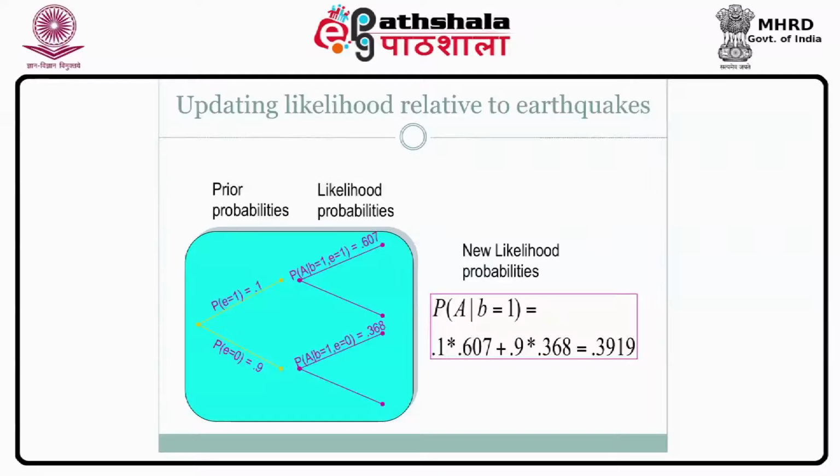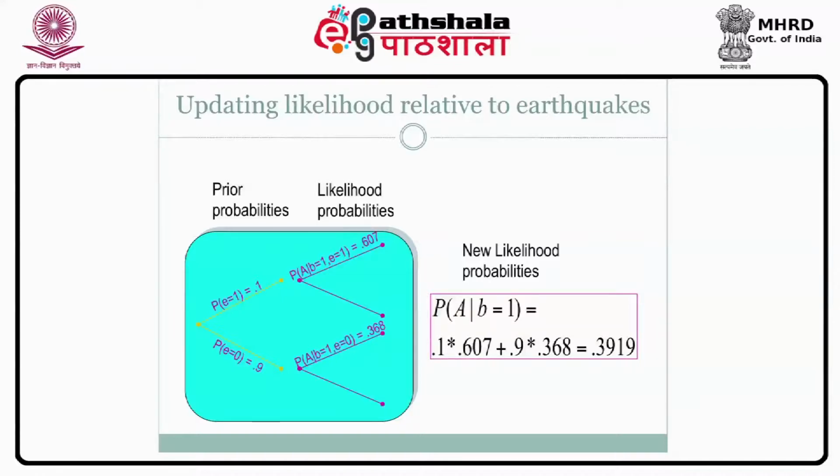So you have the probability B equals 1 is 0.1, the chance that burglary occurs, and then you have computed the likelihood 0.3919, the chance that the alarm rings given burglary occurs. When these two are combined, we get the probability of B equals 1 and A. So it is the joint probability that the alarm rings and burglary occurs, which comes out to be 0.3919.